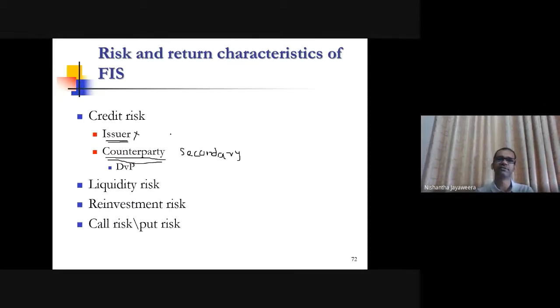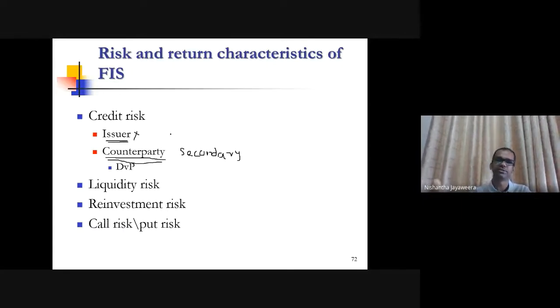We don't trade with the issuer in the secondary market. We trade between parties in the market. We know there's a time difference between the trade date and the settlement date. What is the trade date? The date that you come to an agreement to do a transaction. What is the settlement date or the value date? The date on which you exchange your obligations. That means the buyer pays cash, transfers funds, and the seller transfers the bonds.